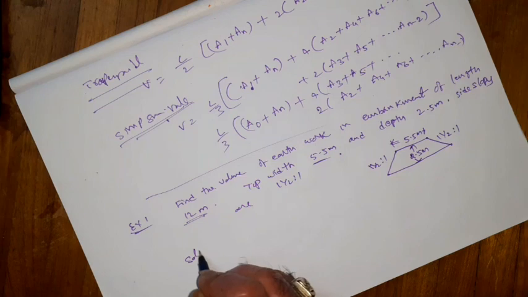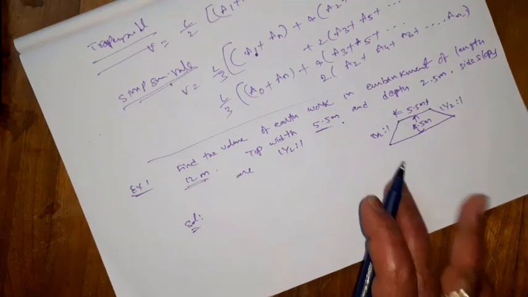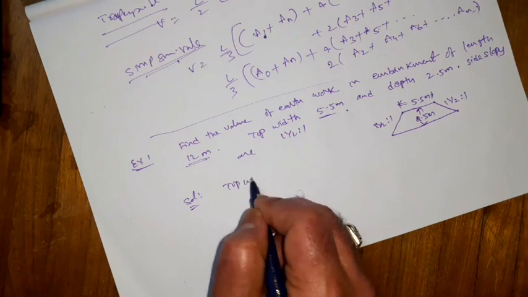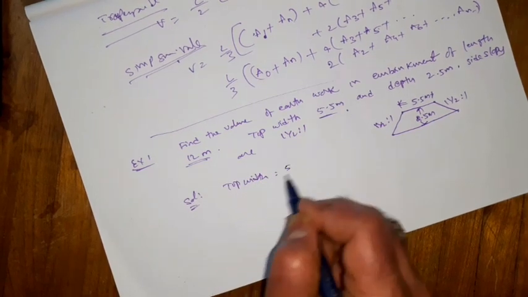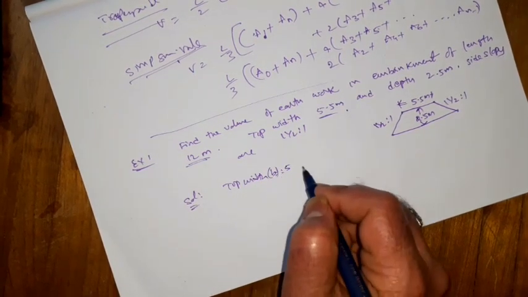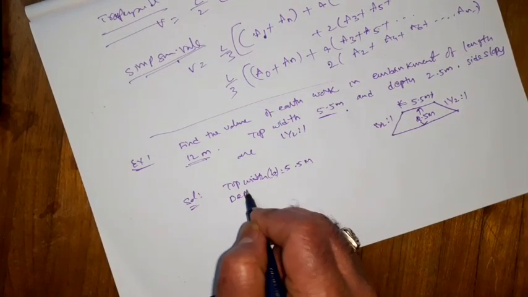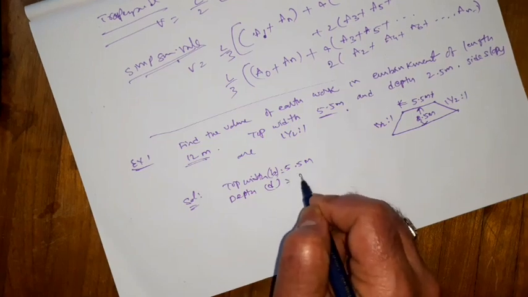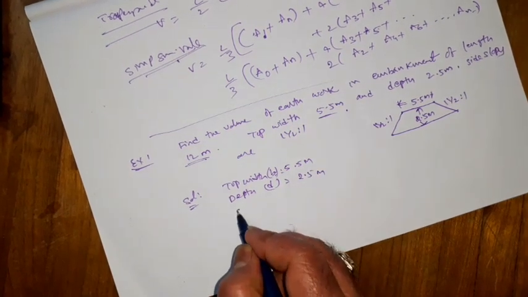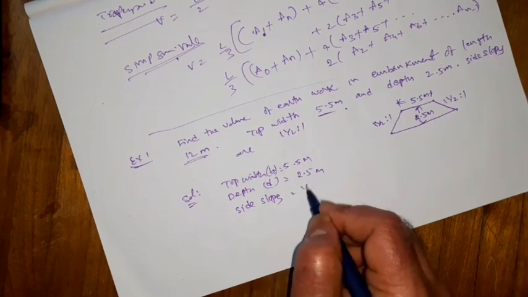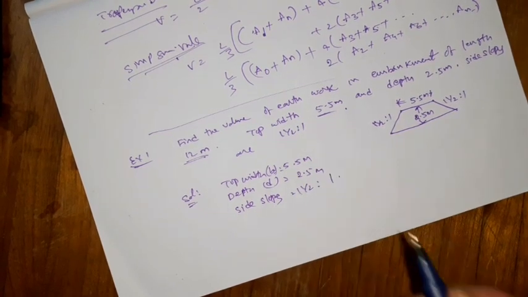Then we can calculate the earthwork. Top width B is 5.5 meters. Depth D is 2.5 meters. Side slopes 1.5:1.